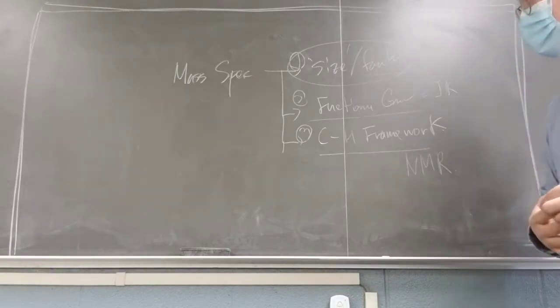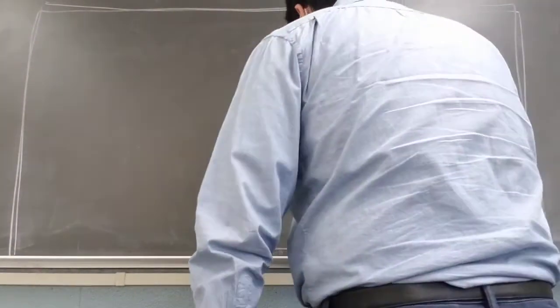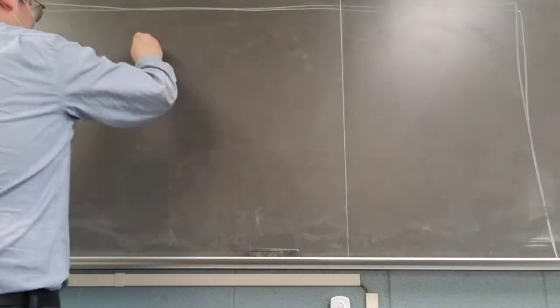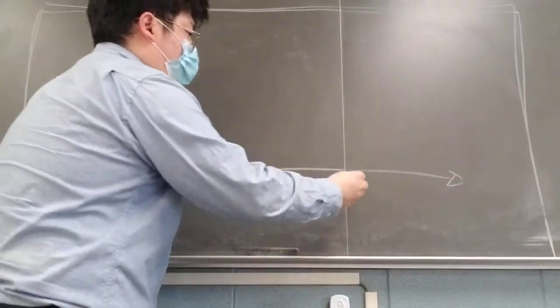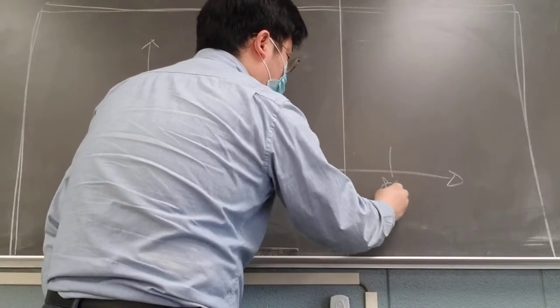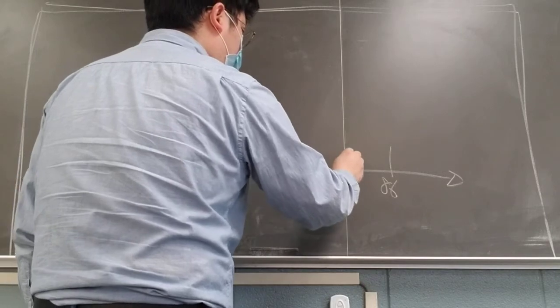Good? Okay. All right, since we talked about the mass spec, which is chapter 12, let's try to do some problems over here. If I give you a mass spec graph, I'll put this one over there.